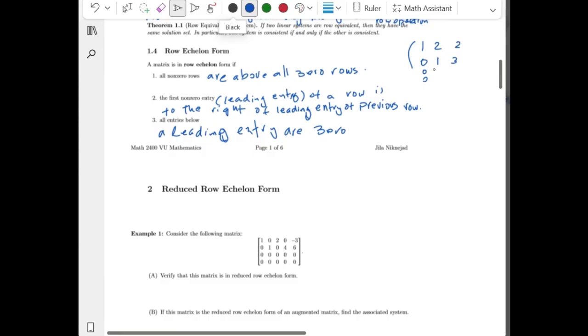And then on the third row, because the leading entry on the second row is in the second column, you have to have a 0 here also, and you move to at least here.